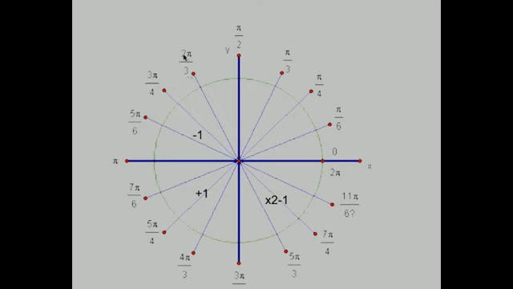It's just one less than the denominator, right? One less than the denominator. Over here, all the numerators are one more than the denominator. And then in this quadrant, in the fourth quadrant, all the numerators are 2 times the denominator minus 1, right?